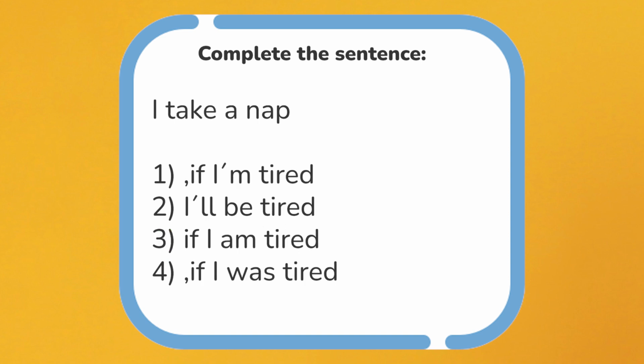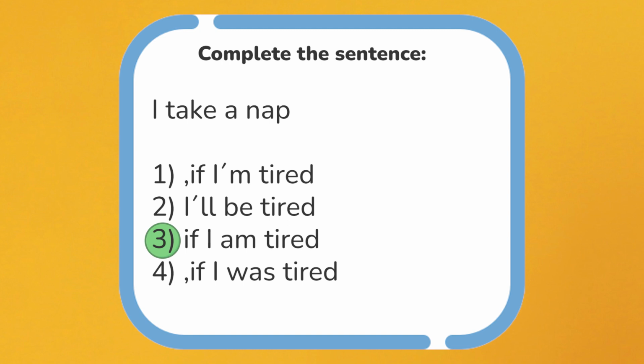The next one is, I take a nap. If I'm tired, I'll be tired. If I am tired, and if I was tired. And the answer is 3. If I am tired.